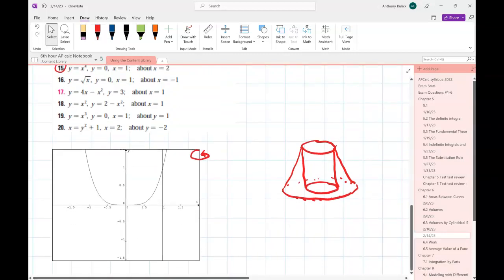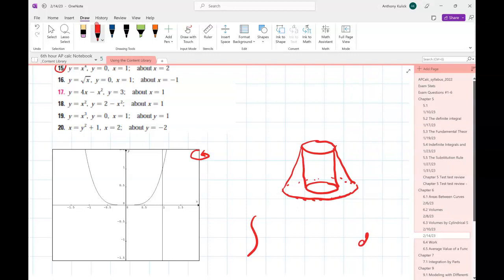Okay. So integrating here, with what variable would we want to integrate with respect to? Yeah, it's always the opposite of the axis of rotation. If you're rotating about a vertical axis, you want to integrate horizontally. It's the opposite for disks and washers.